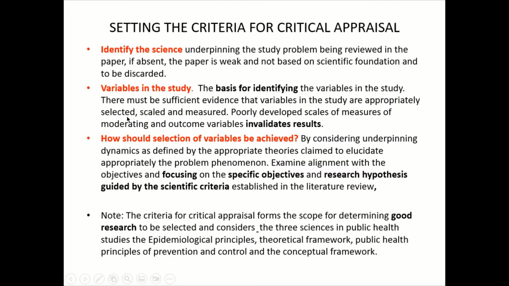No, the variables are appropriately selected, and the method of measurement is also identified, because poorly developed scales of measurement of moderating and outcome variables will invalidate the result. So it's very important that the variables can be measured, and the method of measurement, scoring, there are statistical methods of measuring variables using your data collecting instrument.